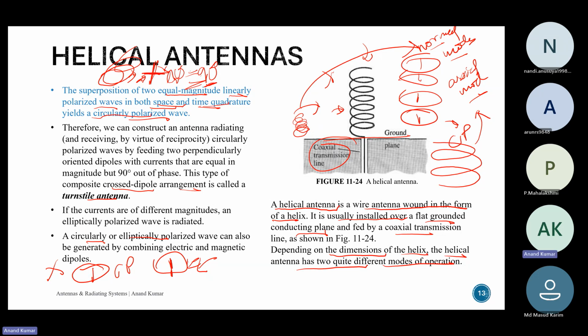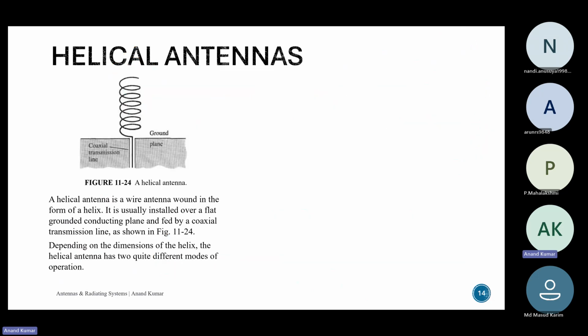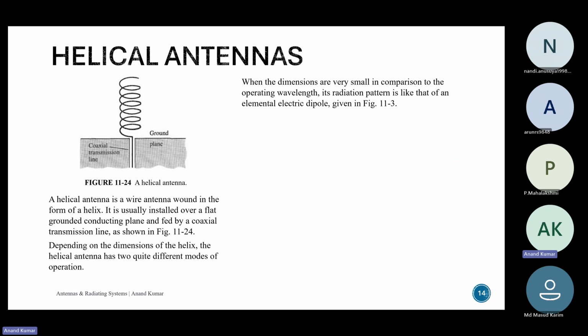In the previous slide and this slide, we looked at why we need circularly polarized waves and circularly polarized antennas, and the definition of helical antennas.